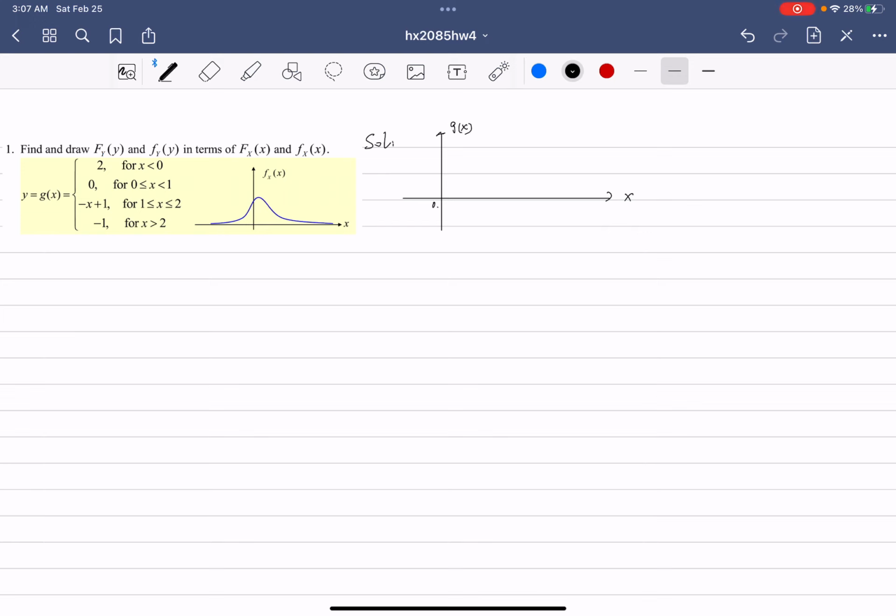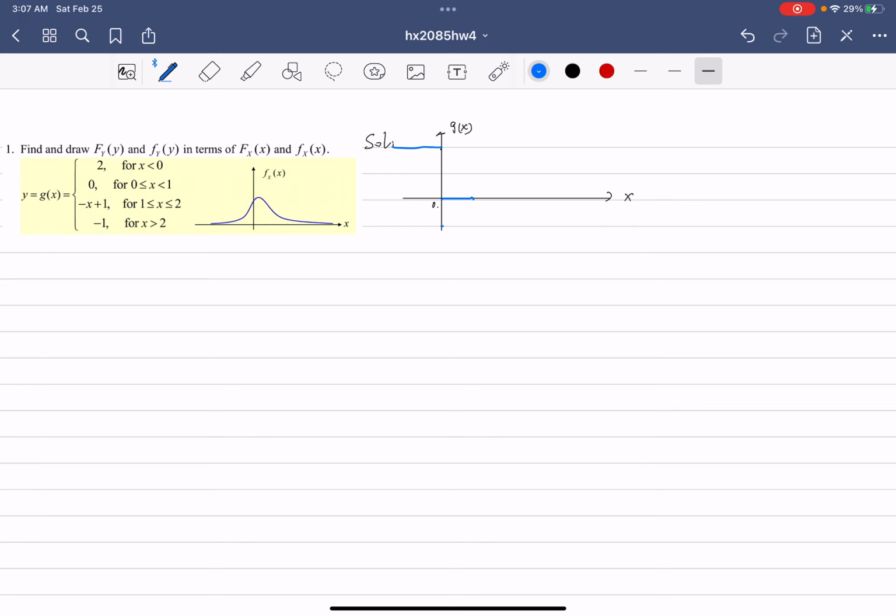Here is 0. For x less than 0, g(x) equals 2. For x in the range of 0 to 1, g(x) is equal to 0.